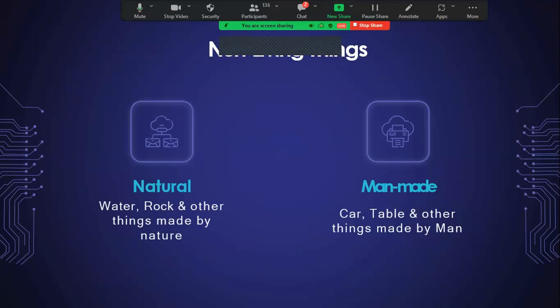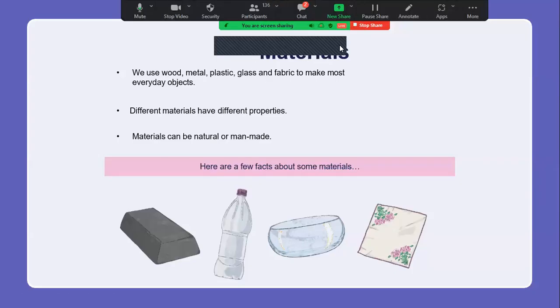Natural non-living things are like water, rock, and other things that are made by nature, whereas man-made are like car, table, and other things made by man. So, materials. We use wood, metal, plastic, glass, and fabric to make most everyday objects. Different materials have different properties, all right? Materials can be natural or man-made.